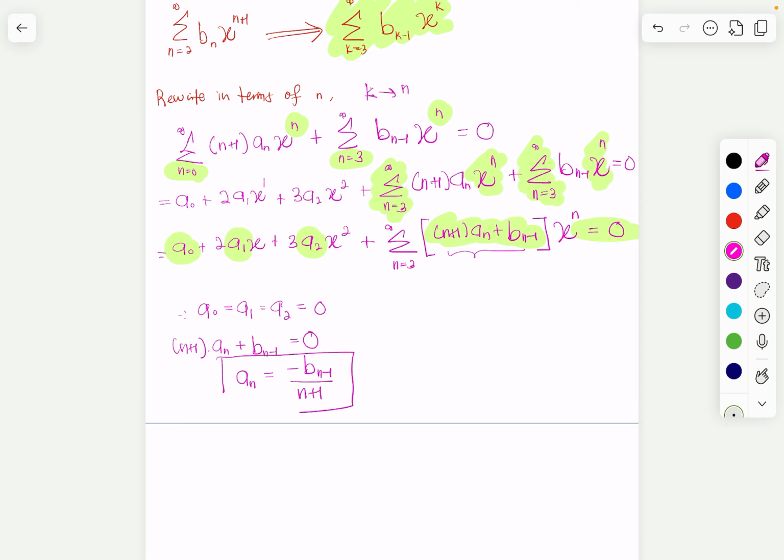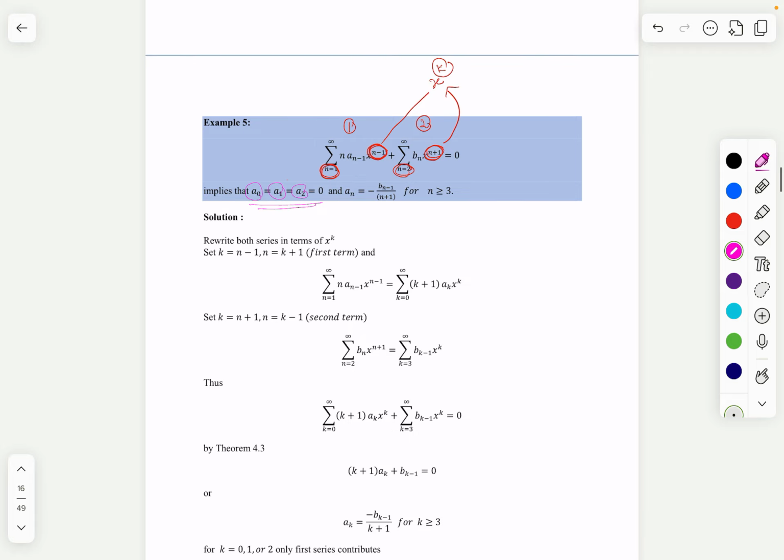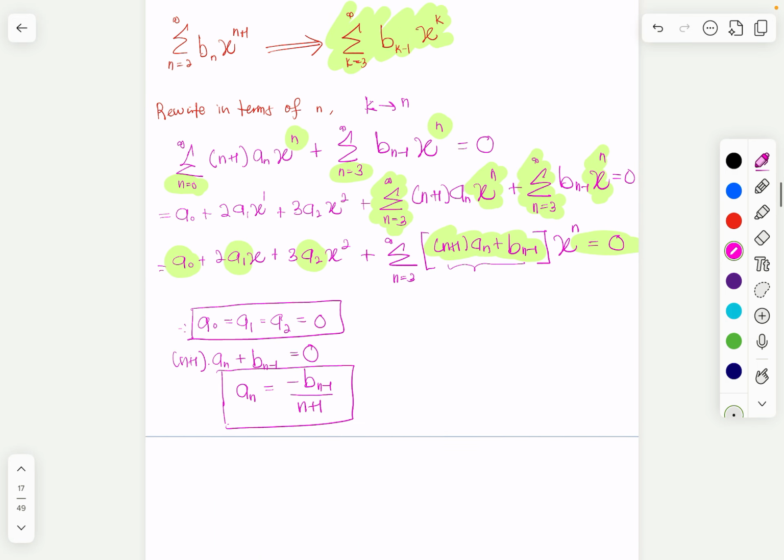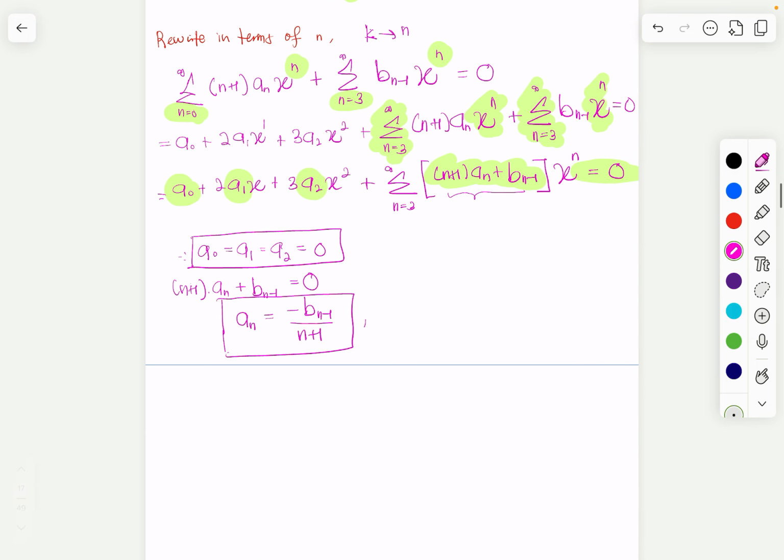So you have this kind of relationship, and this implies that a_n equals this. But please note that this is for the case when n is greater than or equal to 3, because this series starts from 3. That is the condition.